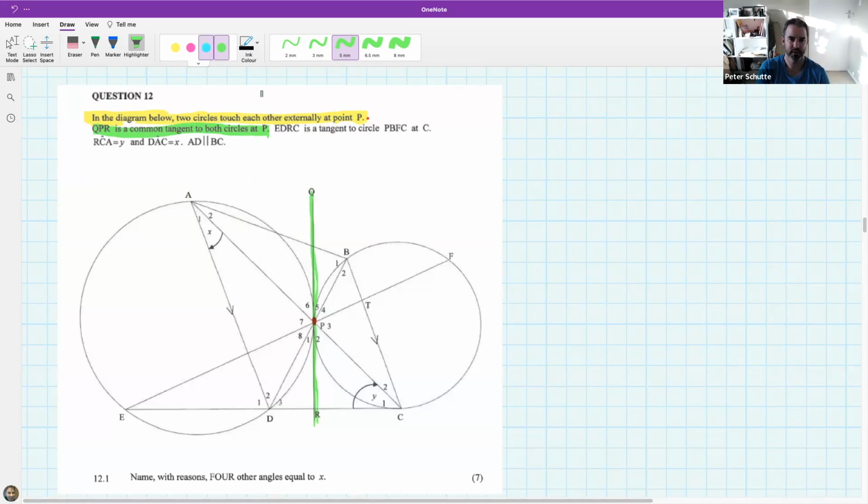Then it says, EDRC is a tangent to the circle. So let's go find EDRC. Okay, it's not going to be a tangent to both circles. It's just going to be a tangent to that circle over there. Because this one, it's a chord. I mean, it goes through there at C. So that's a tangent there. And then it says that RCA equals Y. So where's RCA? Oh, there's Y down here.